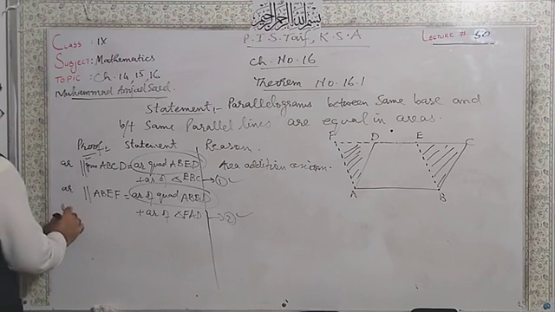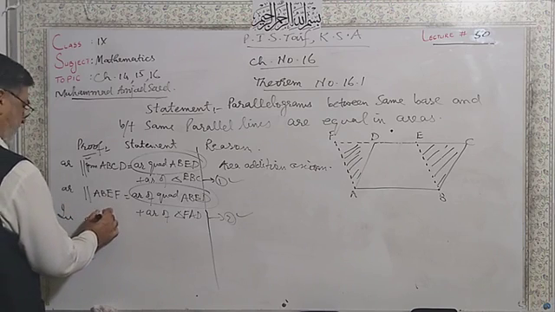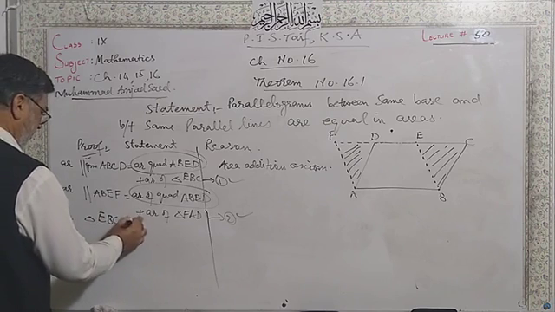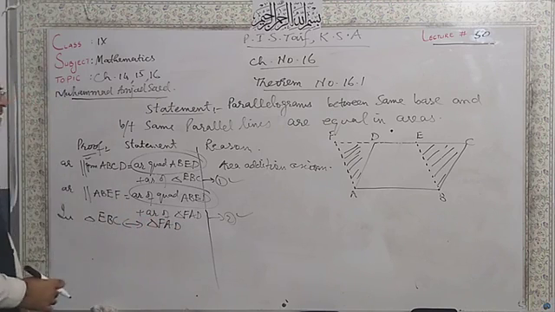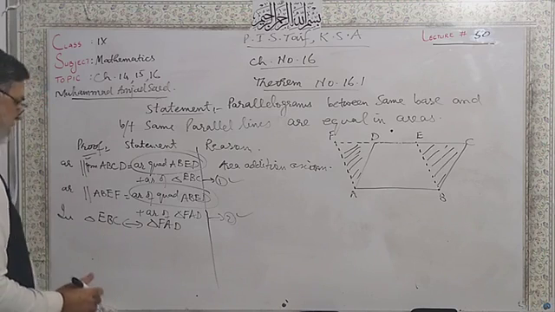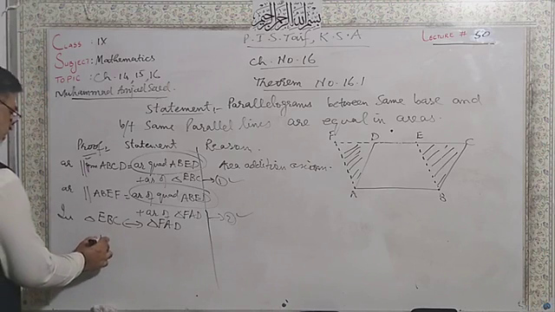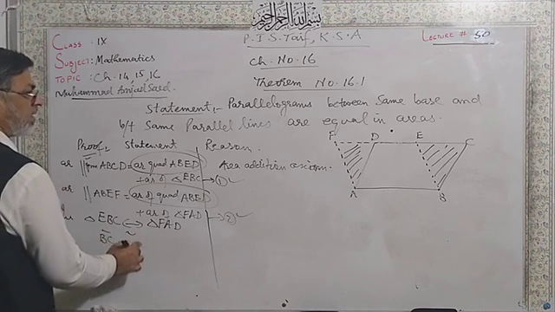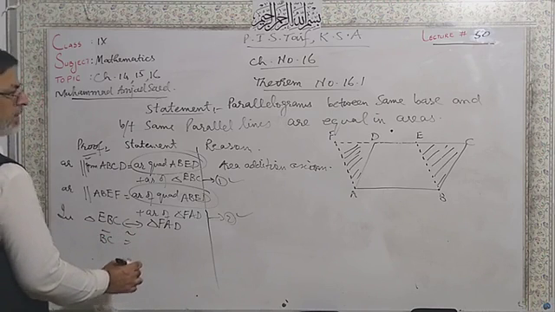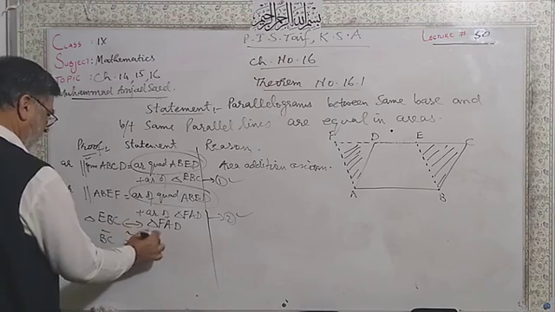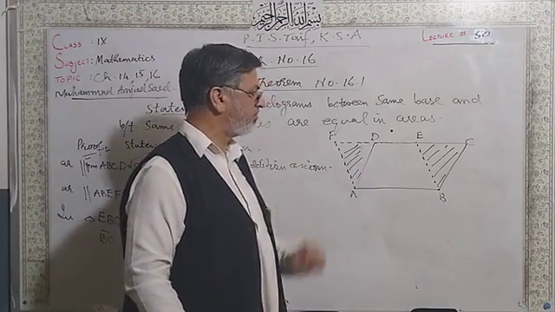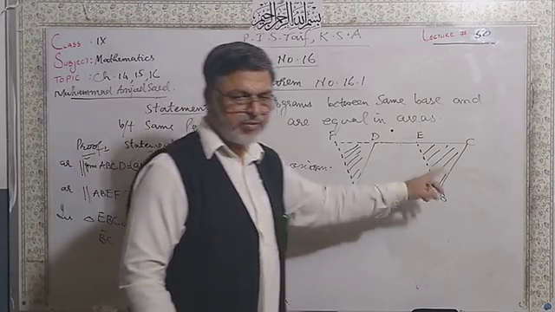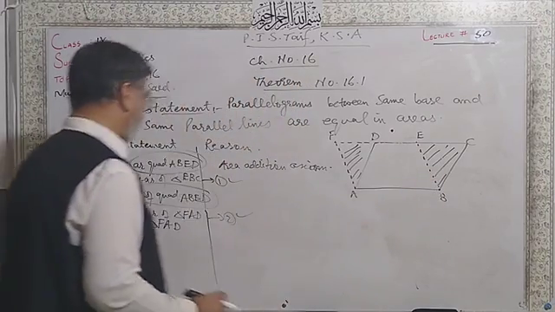So in the correspondence of triangle EBC and triangle FAD, BC is congruent to AD. Remember that these are the opposite sides of a parallelogram.